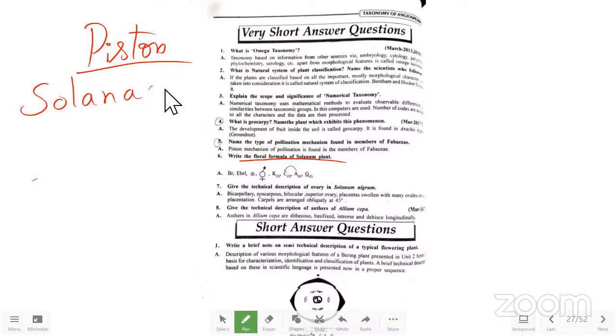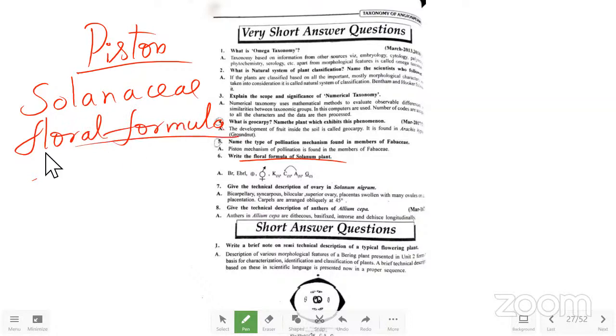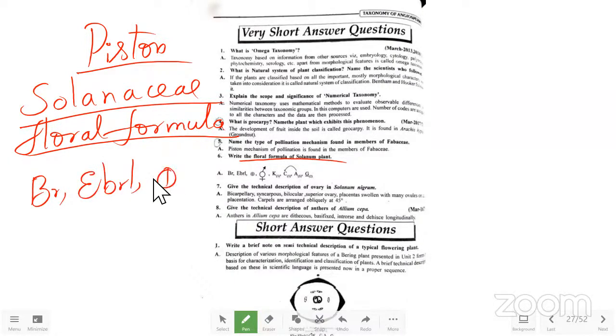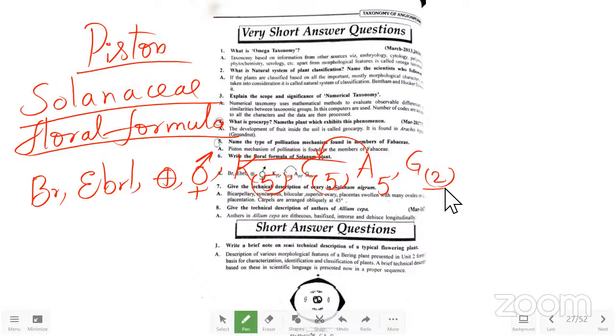And next comes the floral formula of a Solanaceae plant. Floral formula of Solanaceae. Here what we have to write: bracteate, comma, ebracteolate, comma, actinomorphic, bisexual, comma, calyx 5 fused, comma, corolla 5 fused, androecium 5 epipetalous, and gynoecium 2 fused superior.